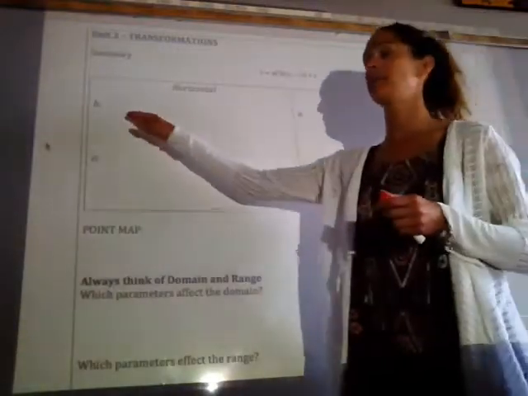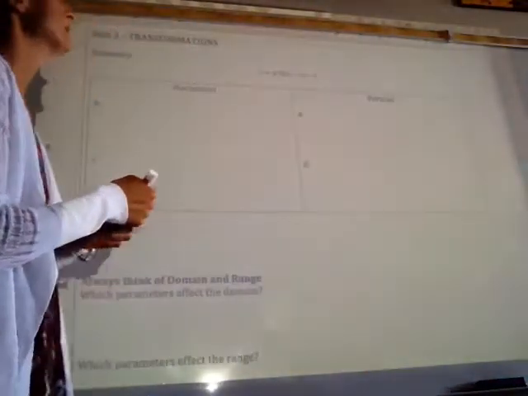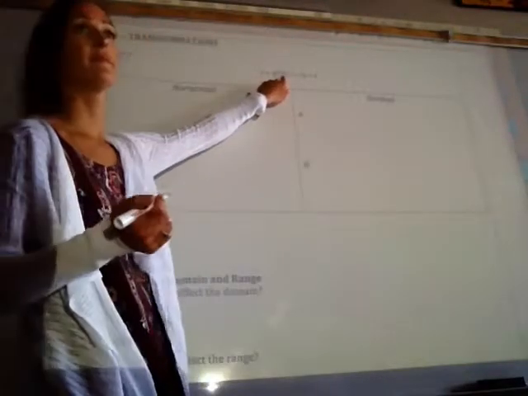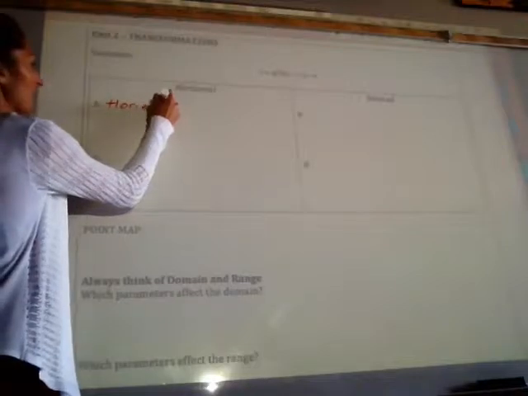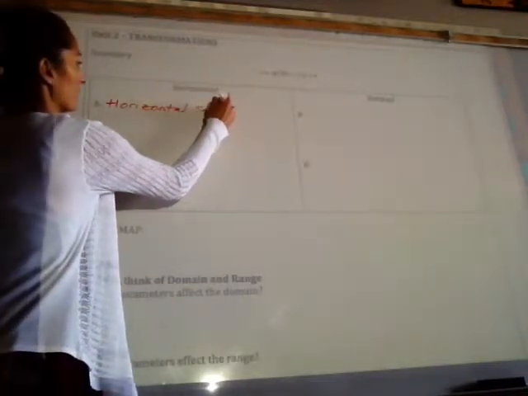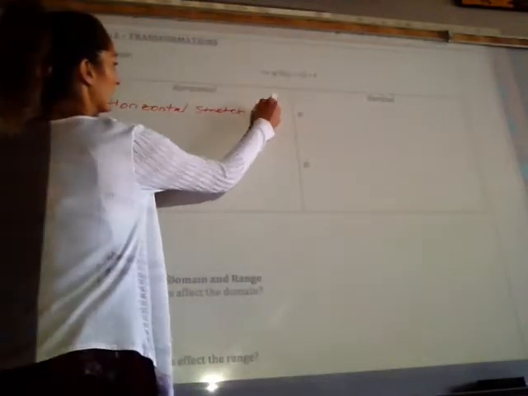What does parameter B do? Horizontal stretch. What do we have to remember? Take the reciprocal.